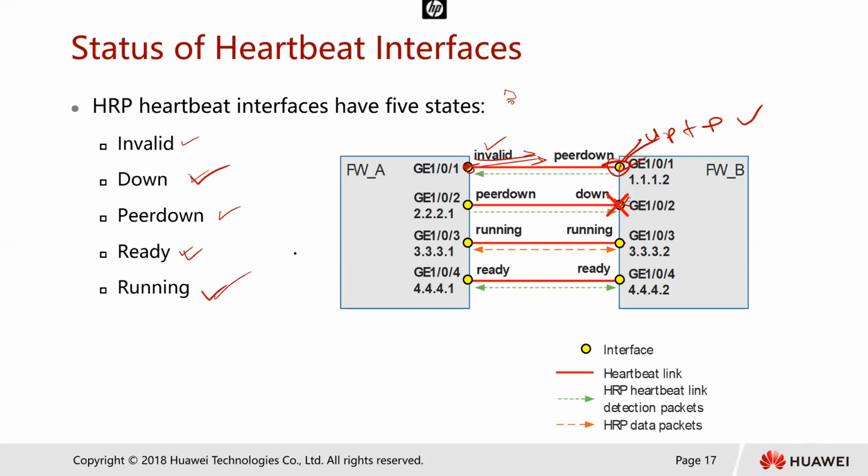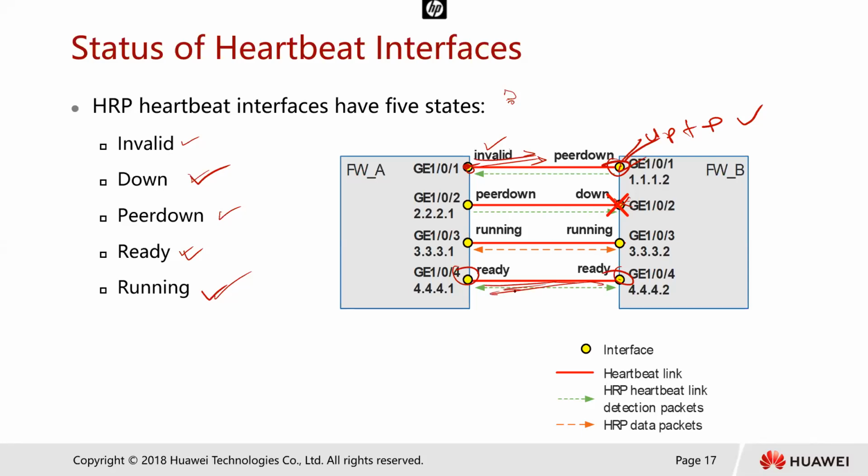Ready means the physical and protocol statuses are both up and running, and the local heartbeat interface receives the heartbeat link detection reply packets from the peer heartbeat interface. This interface is able to receive the reply.